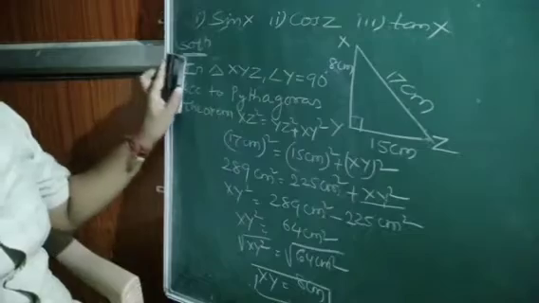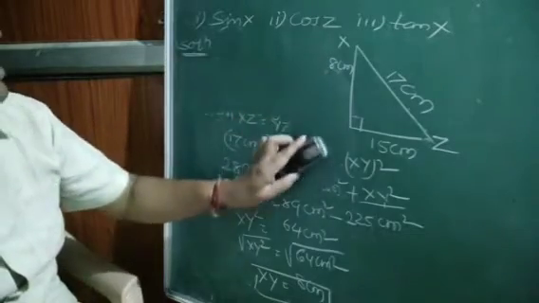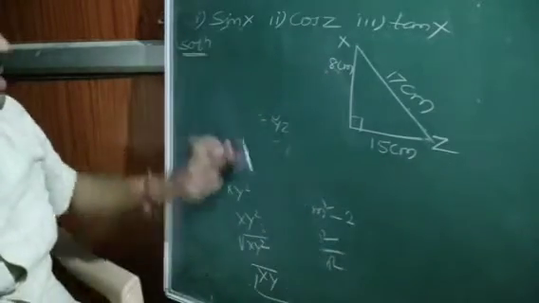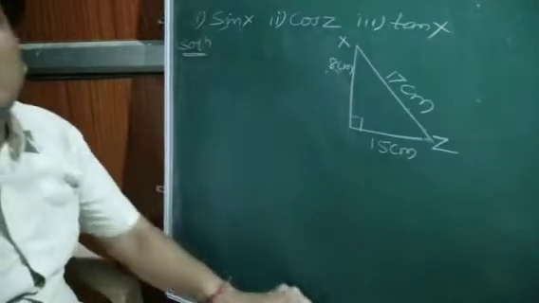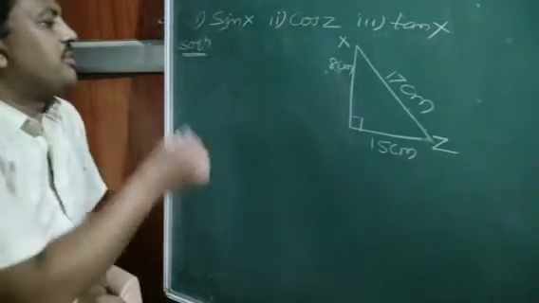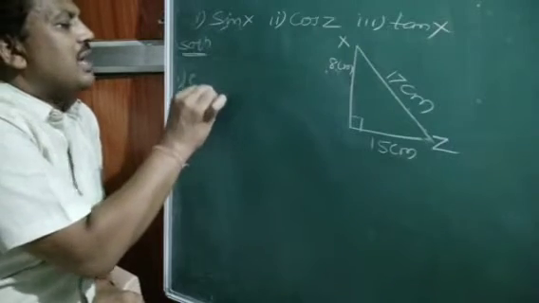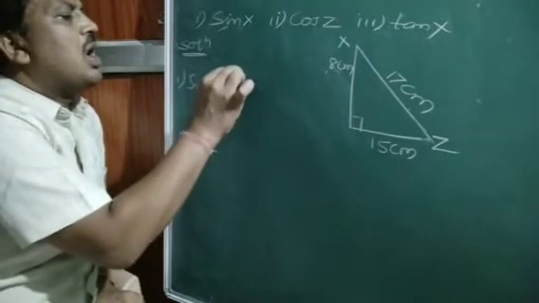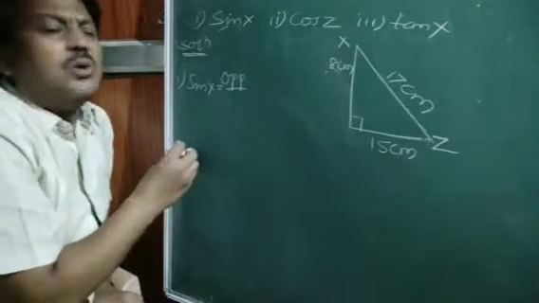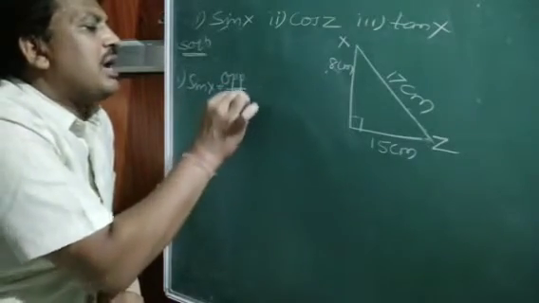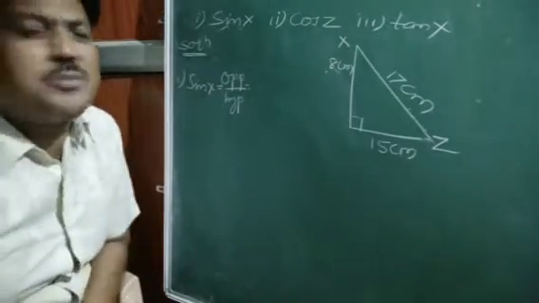Once this side is known children, now it is very easy. I hope you can do it, even though I am solving here with just a short explanation. First is sin x. So children, the sin x formula is opposite upon hypotenuse.